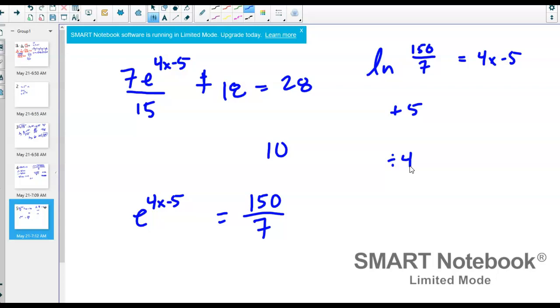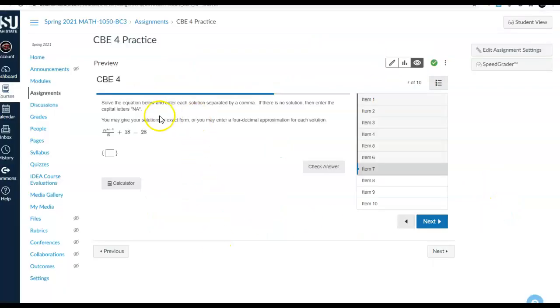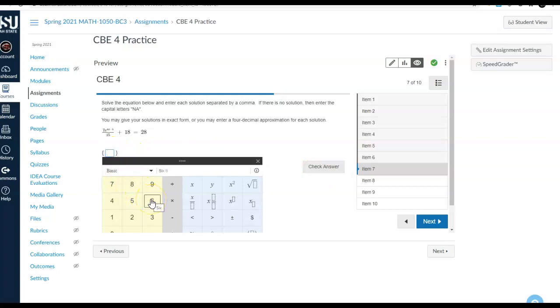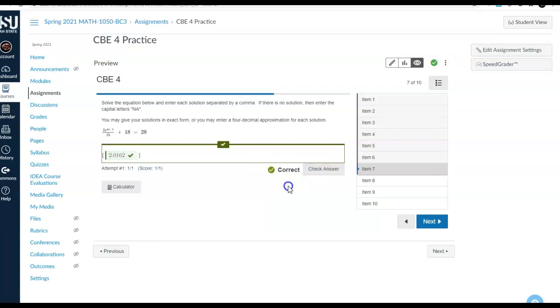And then we're going to add 5, divide by 4, and that gives me 2.016181 blah blah blah. And we'll see what it wants it to, probably as a 4 decimal. Yep. So we got 2.0162 if I go to 4 decimal places and round. Bada bing, bada boom.